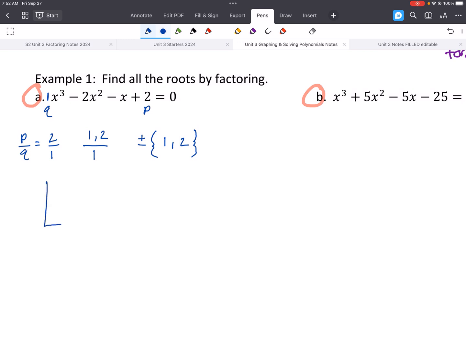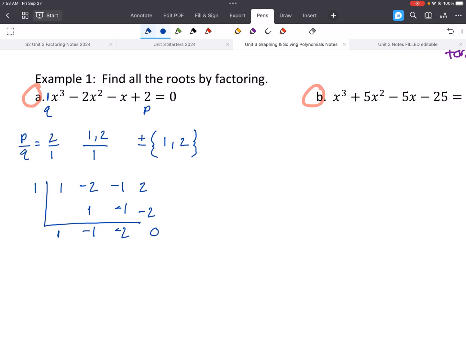Let's start with 1. And we're going to synthetically divide, write down our coefficients, 1, -2, -1, and 2, and then we'll bring down the 1, and then we're going to multiply, and then we would add, and then we would multiply, and then we would add, and then we would multiply.